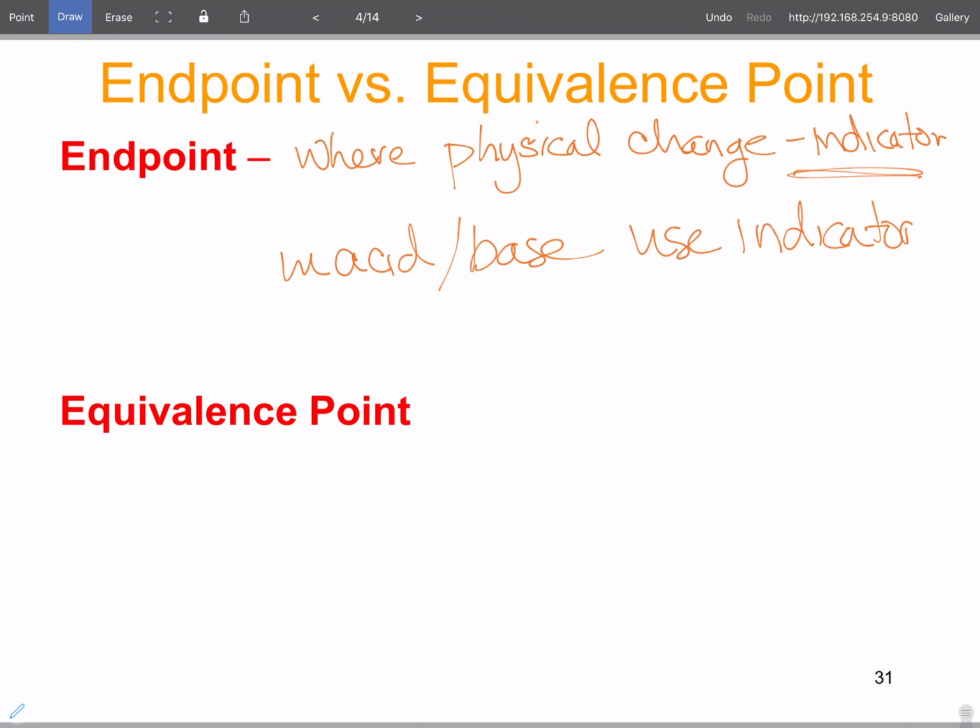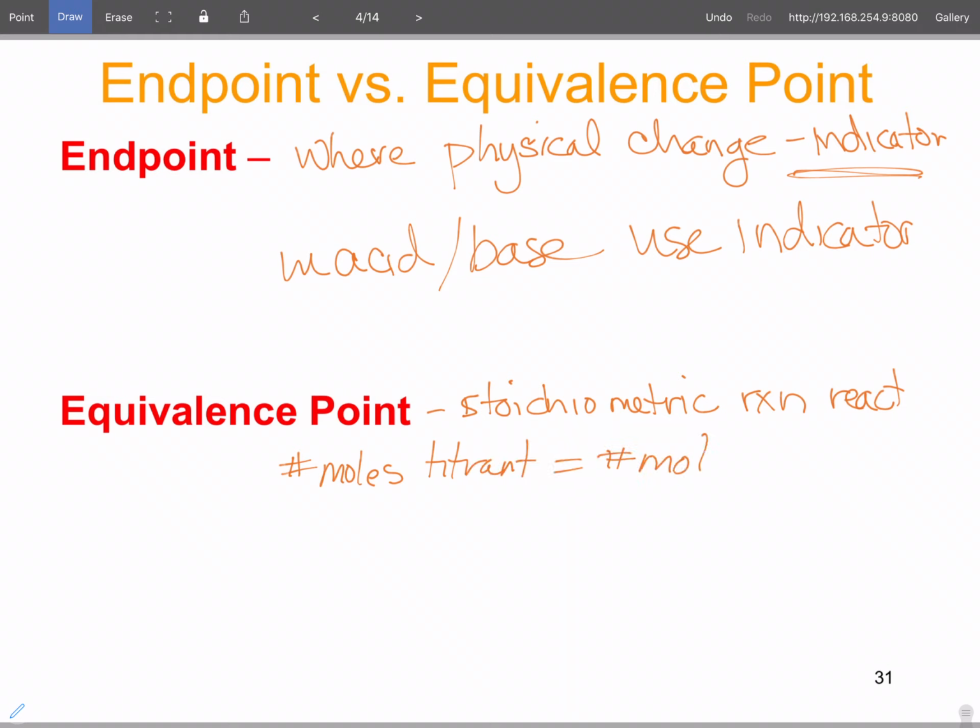The equivalence point is the stoichiometric endpoint. The reaction has been reached. What does that mean? That really means that your moles of titrant equals your moles of analyte, or moles acid equals moles of base.